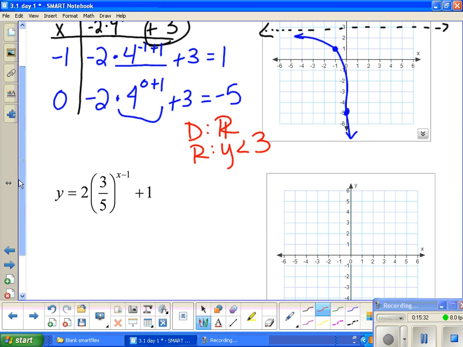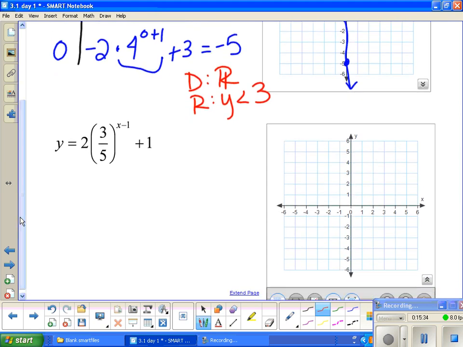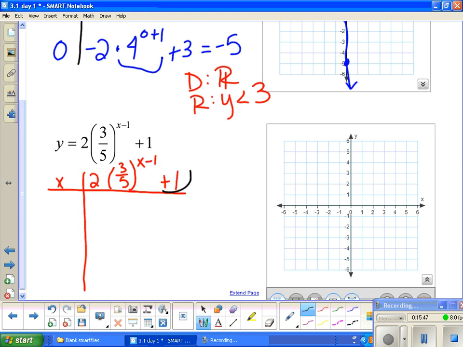Okay? So I'm going to look at this last one here. I look at what values would be easiest to use. First of all, let's look at our asymptote. Our asymptote is going to be at y equal 1. There's no reflection because there's no negative on the coefficient here or up here.